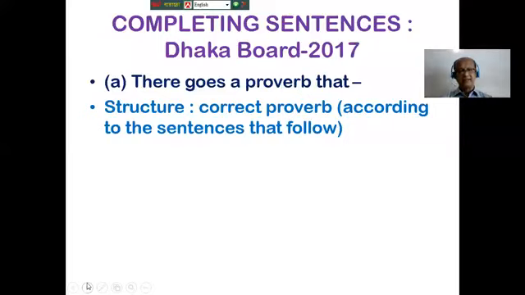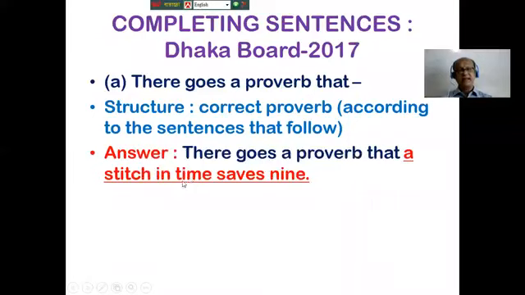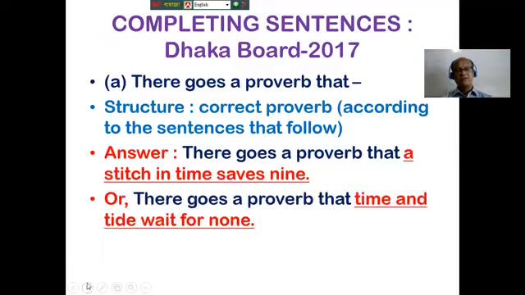Then you will see what happens in the next sentence. The answer I have written here. There goes a proverb that a stitch in time saves nine, or it can be a proverb like there goes a proverb that time and tide wait for none.